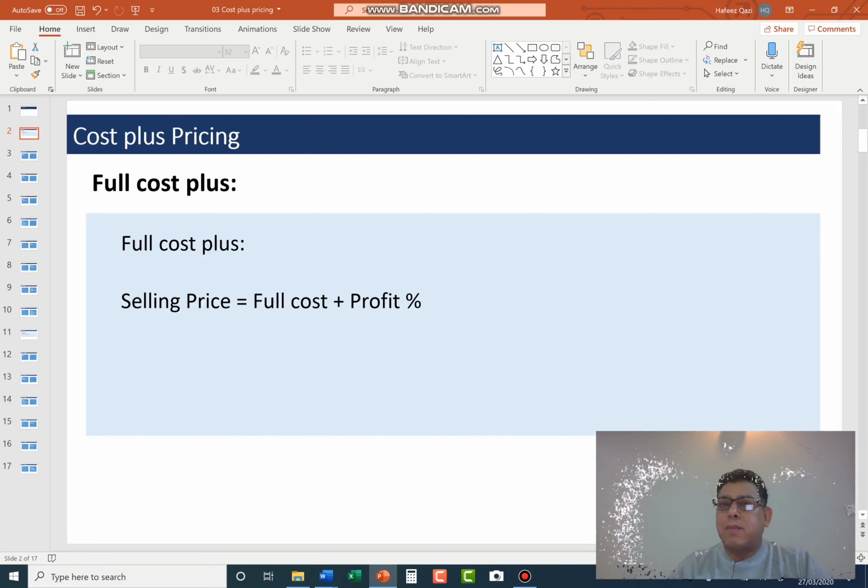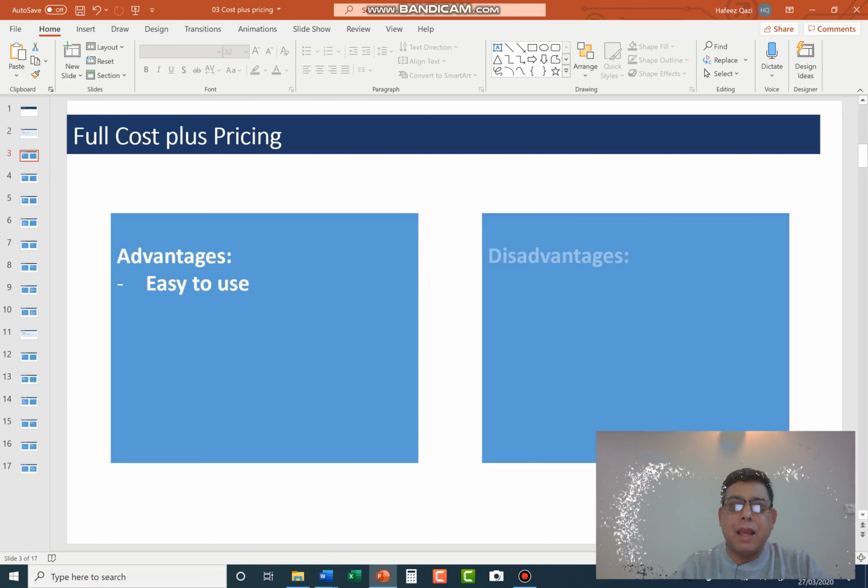Now, under what circumstances is it carried out, and how do the companies achieve the advantages out of it? What attraction do they see in full cost plus pricing? Number one, it's very easy to use.